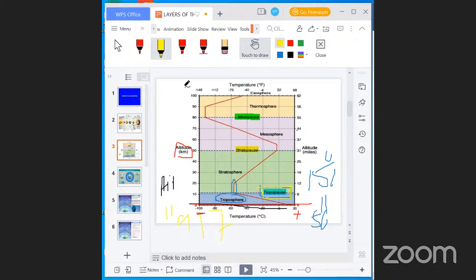Okay, and then the next layer is the stratosphere. This layer is between approximately 11 kilometers.